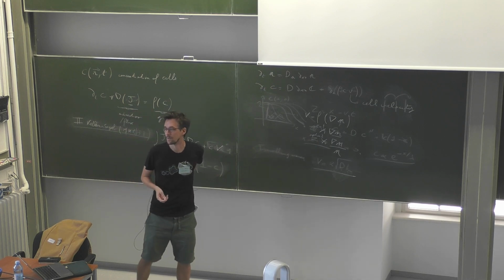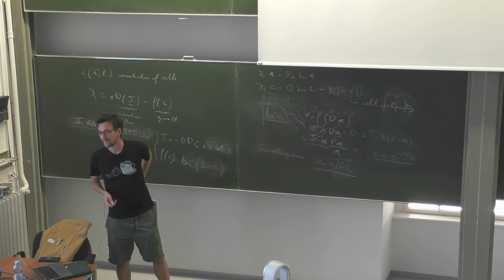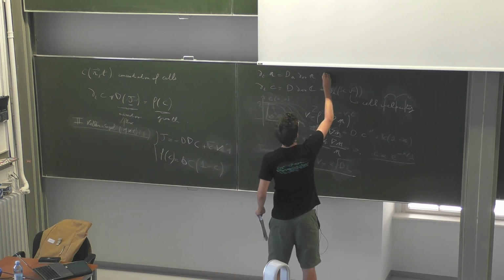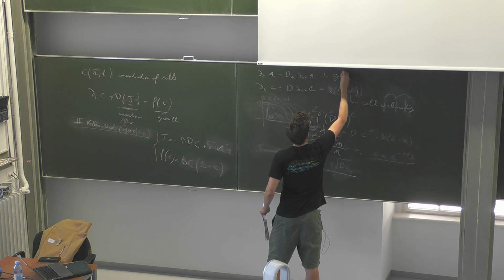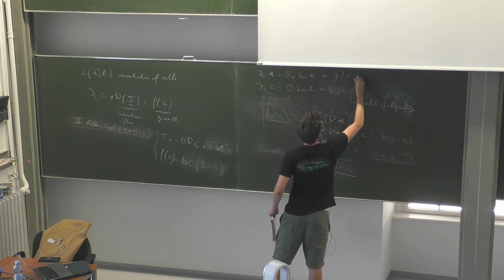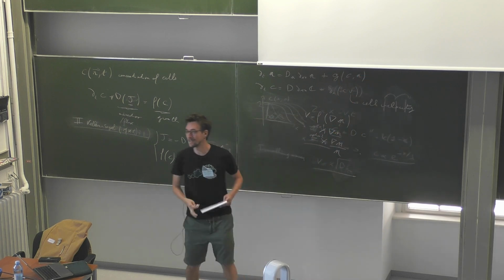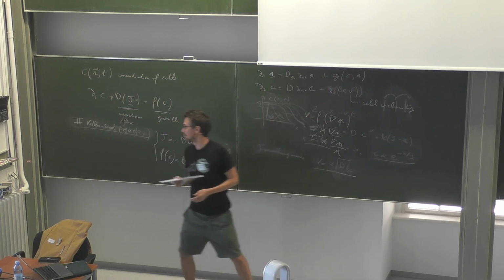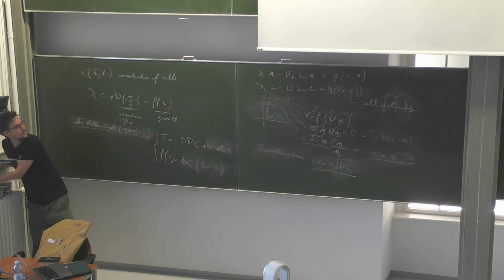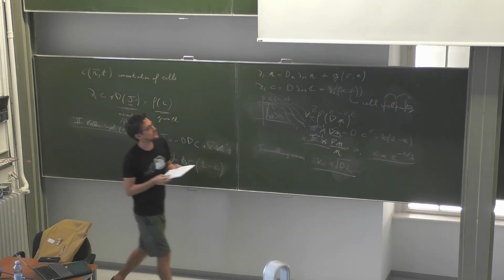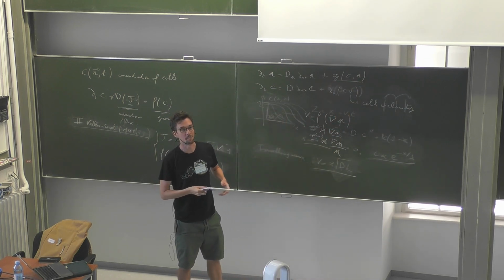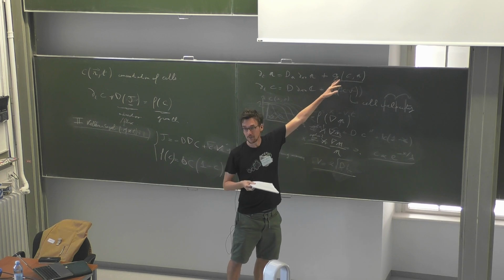You agree that this looks like diffusion formally? I'm not saying that it's the same, but the description is the same as diffusion. The difference is here: the key term in my equation is that my diffusible field, my field of chemical, depends on an arbitrary function.